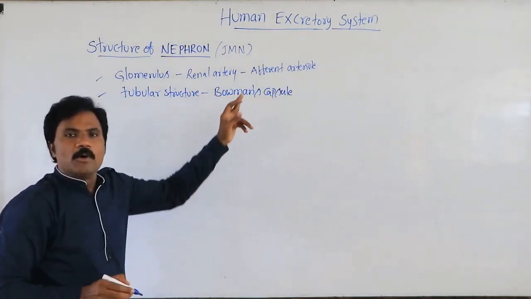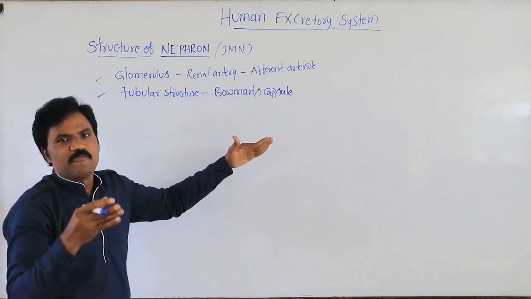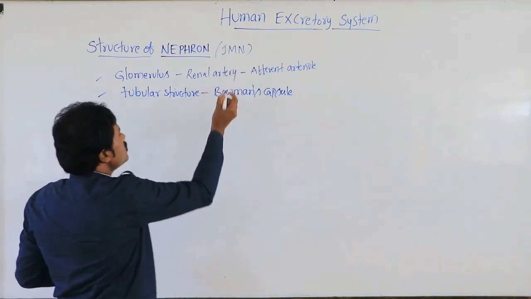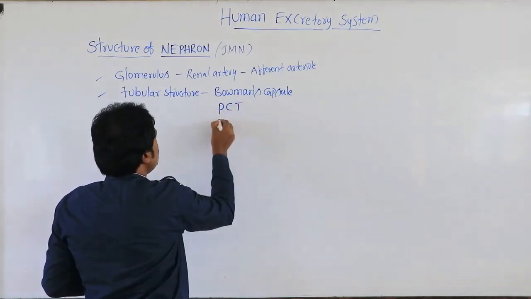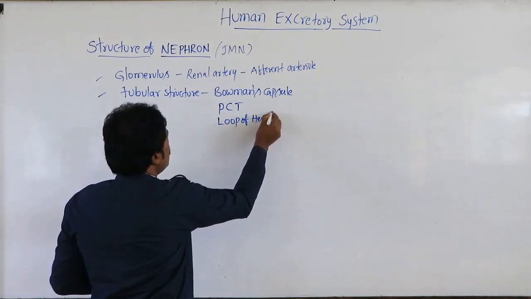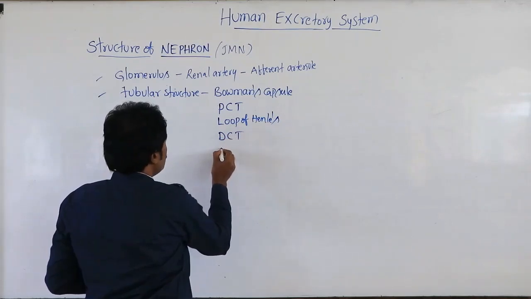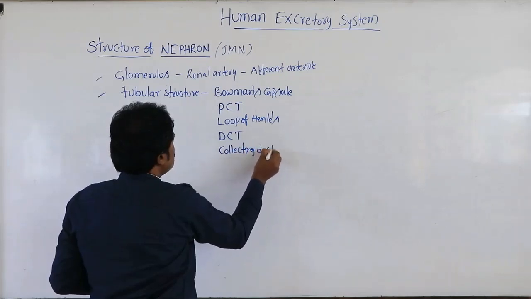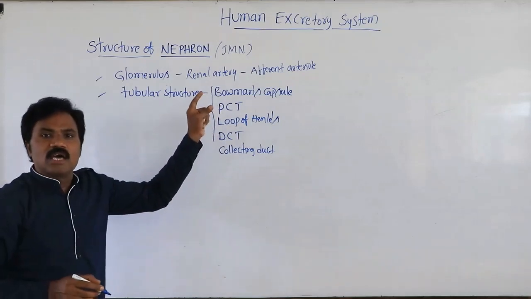Then after Bowman's capsule, many convolutions and foldings are present in the rest of the part. That is the proximal convoluted tubule, loop of Henle, then distal convoluted tubule, then collecting duct. These are the parts of the nephron.